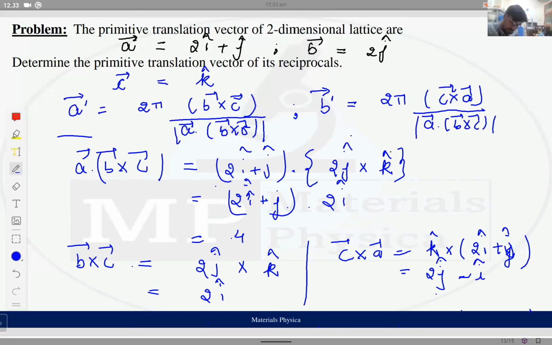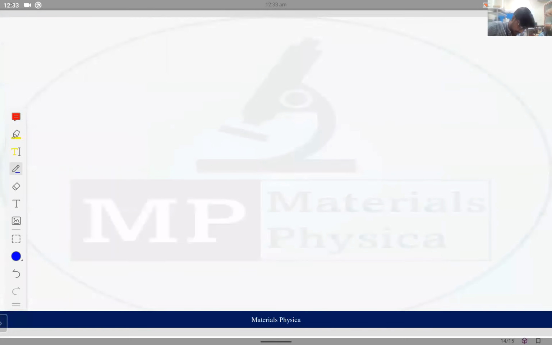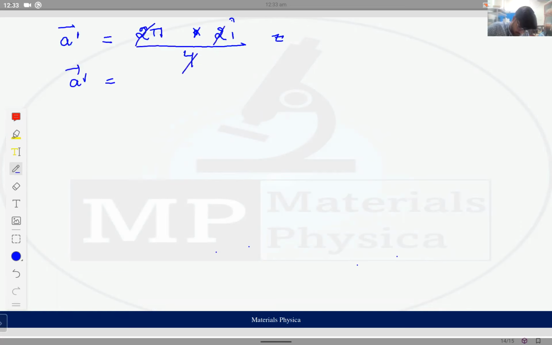Now we will put these values in the formulas to get the values of a dash and b dash. The value of the a dash vector is 2 pi, and the value of b cross c we got is 2i cap over the volume of the cell, which is 4, so the a dash vector becomes pi i.